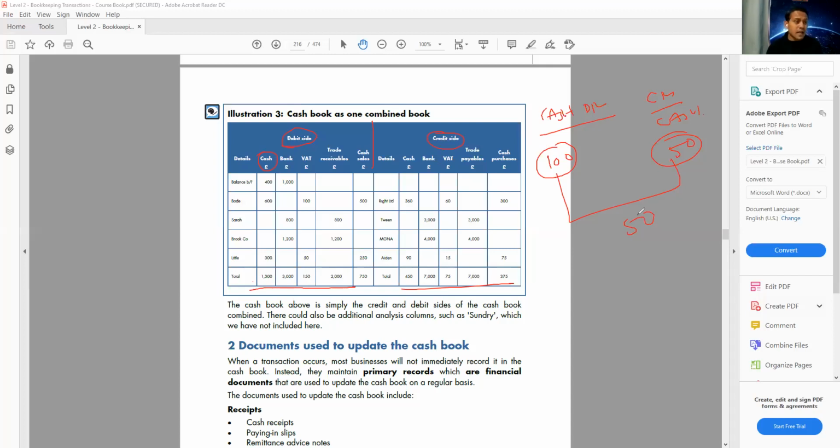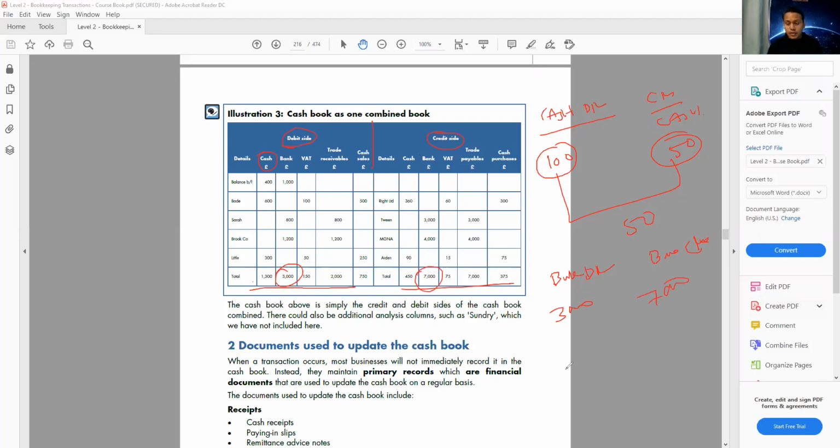On the other hand, if the question asks how much is the bank balance left over, we do the same. We look at the bank debit side and the bank credit side. Let's say for this question we have a bank 3,000 debit and a bank 7,000 credit.